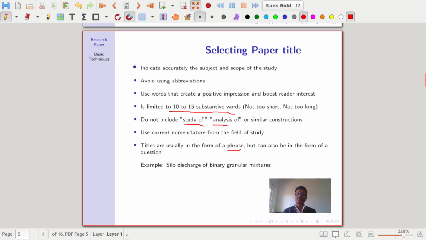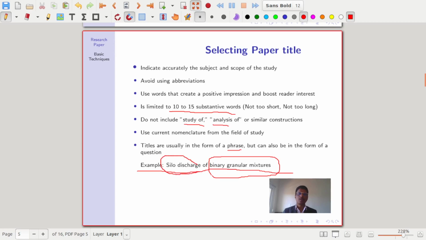Let's see an example. The example is "Silo discharge of binary granular mixture." If you see the title, it clearly indicates it's a binary mixture. So there are 2 different materials combined, and the system uses a silo hopper through which the material is passed.